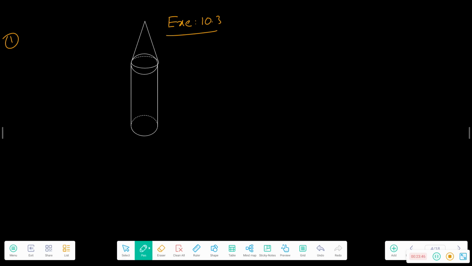Here they have given an iron pillar of cylindrical shape, with a cone surmounted on it.